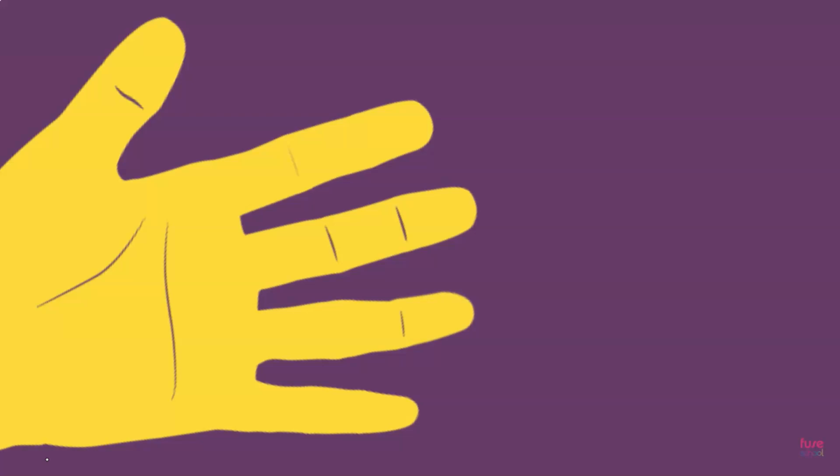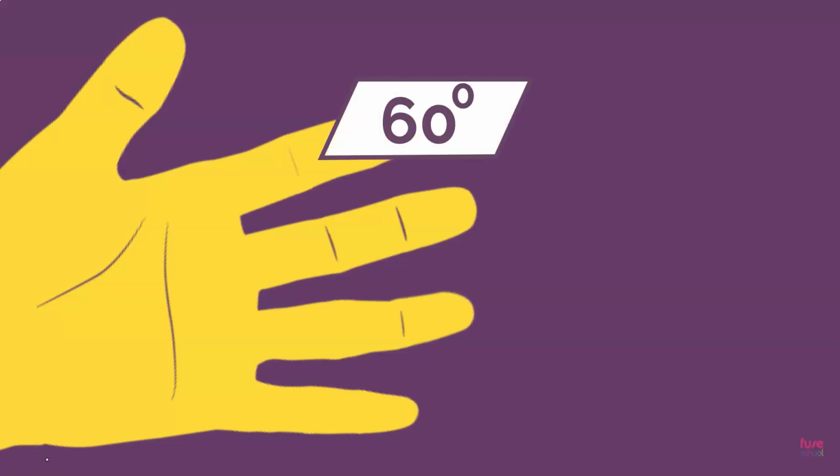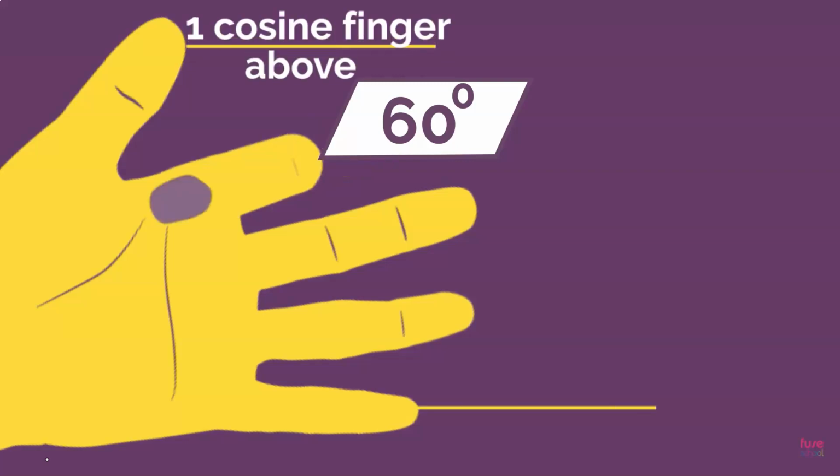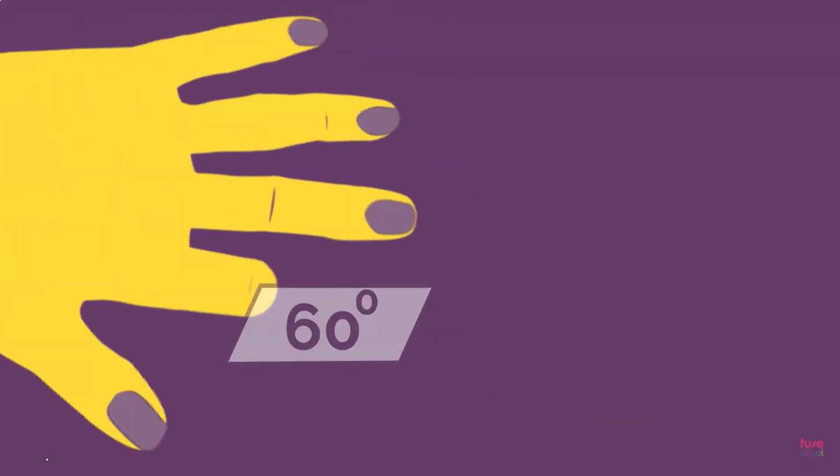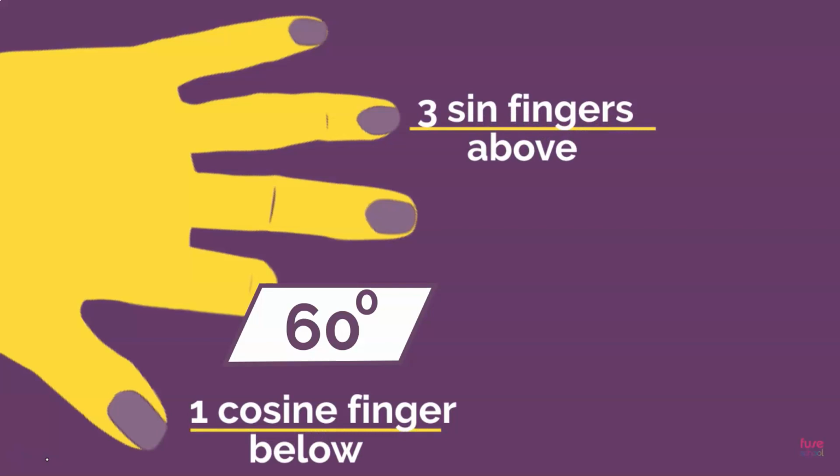Bend down the 5 times 60. Just 5, baseline finger above. Above, baseline below, same time. Every finger.